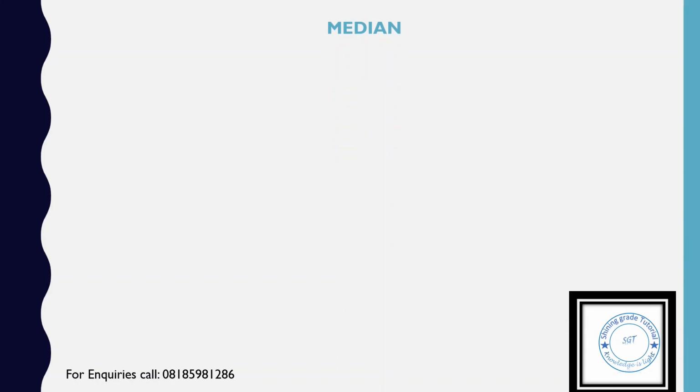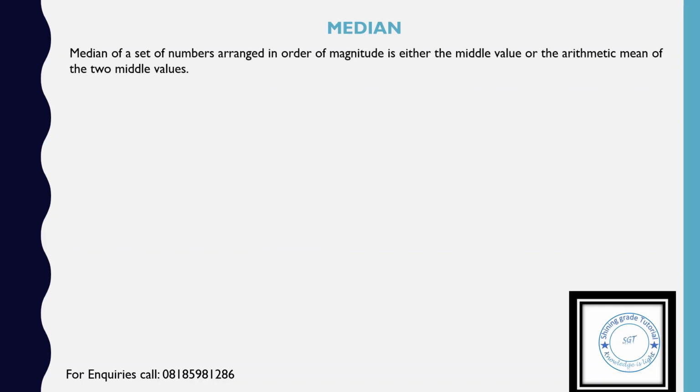We are good to go to another area of measures of central tendency, which is the median. For median, it's always the observation which is at the center when the observations are arranged in an array, arranged in order of magnitude, either ascending or descending order.